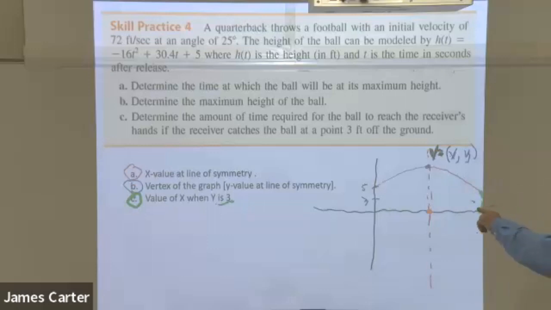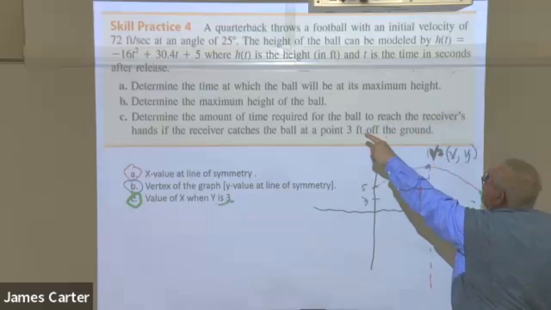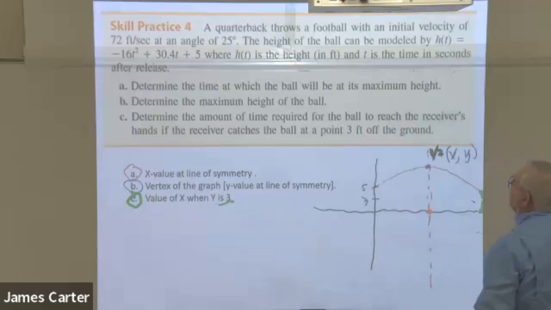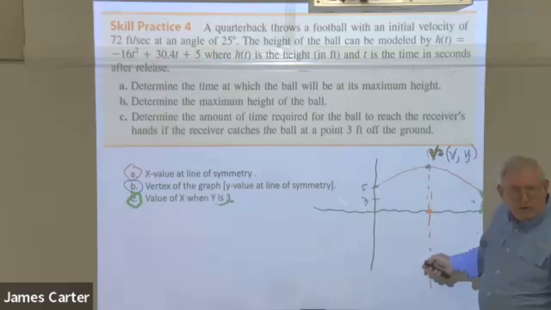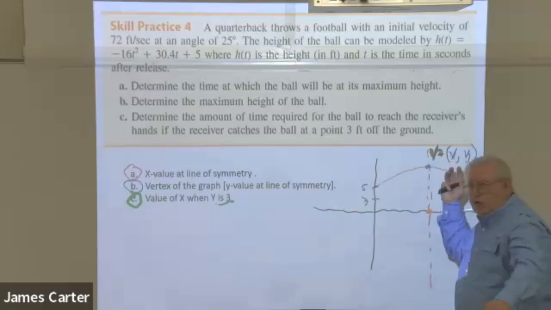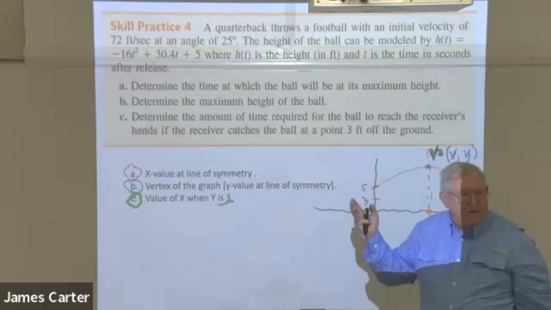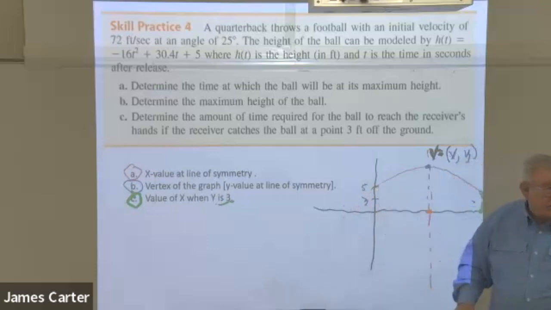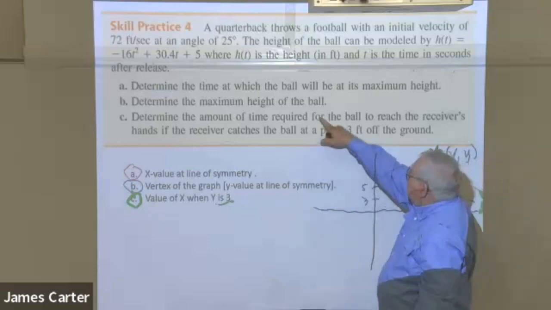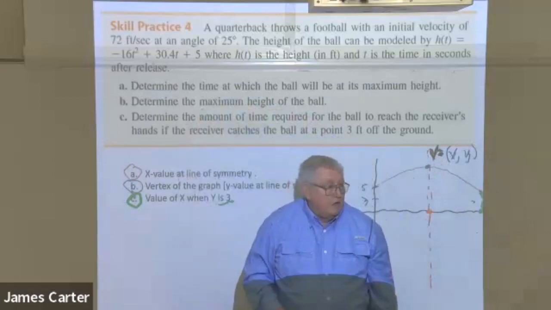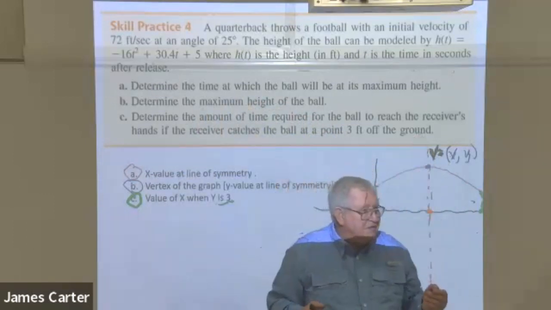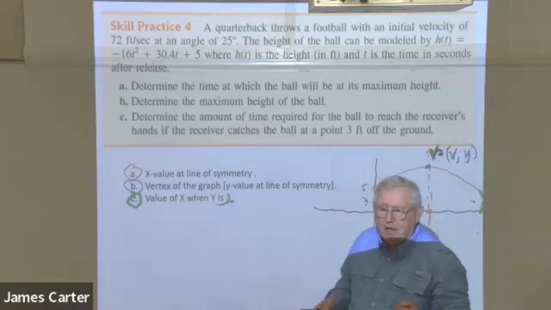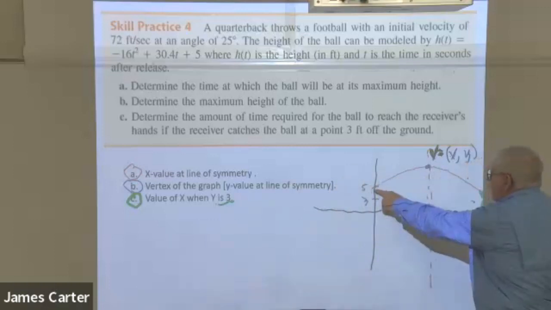Now, anyway, we go on, and this +5 right here, Mahomes didn't throw it from the ground. Mahomes threw it 5 feet above the ground. And that's why our graph starts here at +5. Remember our transformations, it moves it up 5. Okay. Our y-intercept.